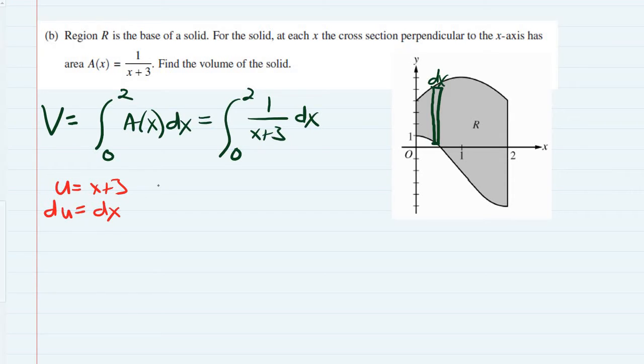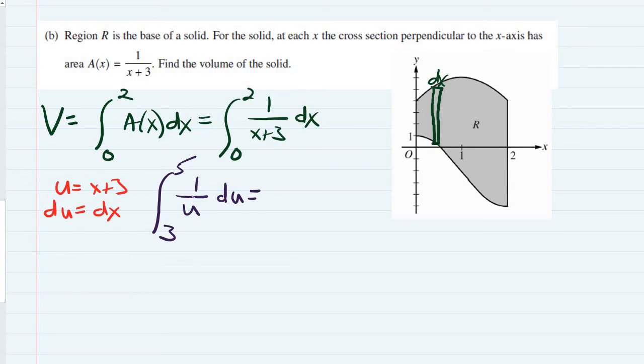That means I'm going to get a transformed integral that's going to be 1 over u du. And I'm going to transform these limits, right? These limits are in terms of x equals 0 to x equals 2. But since we've transformed our variable into u, when x is 0, u is 3. And when x is 2, u is 5.